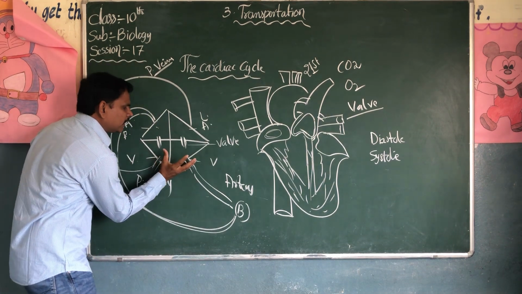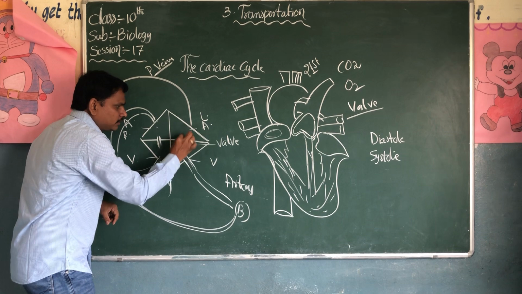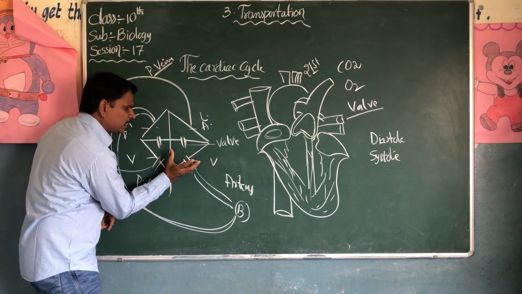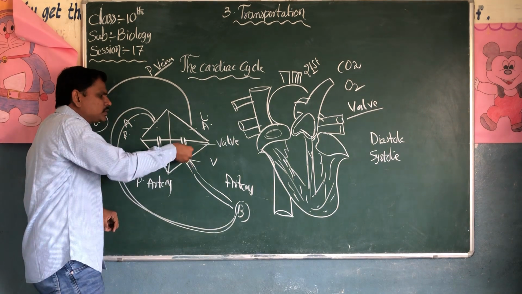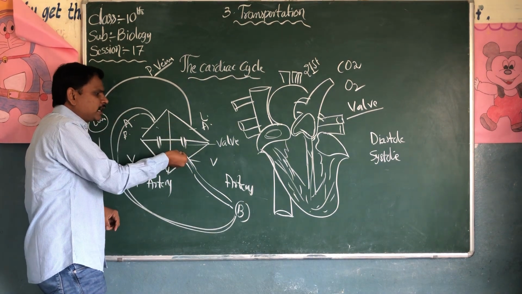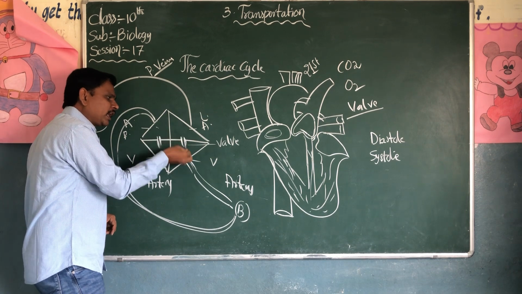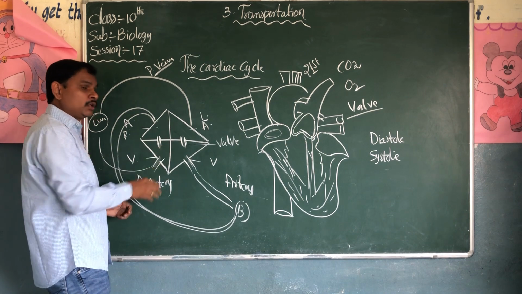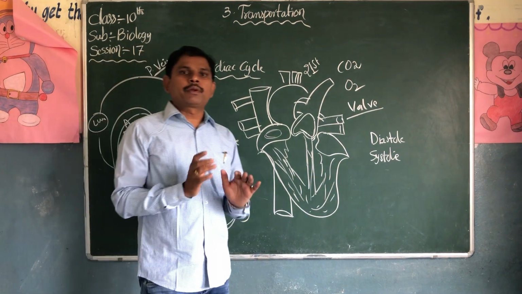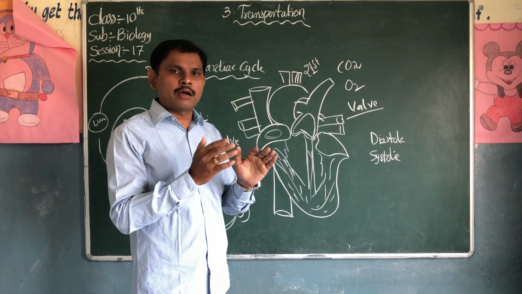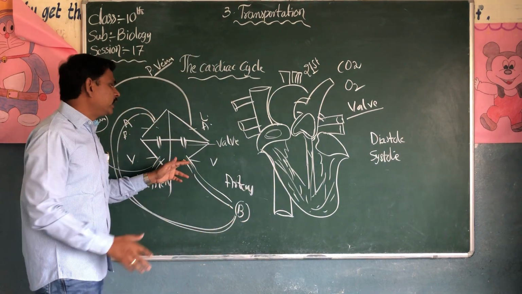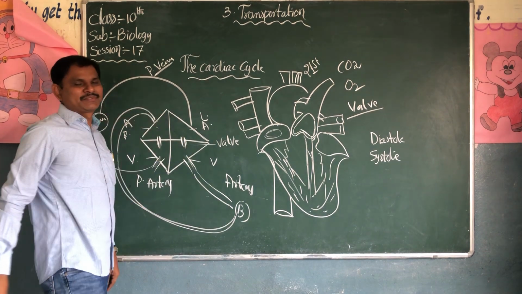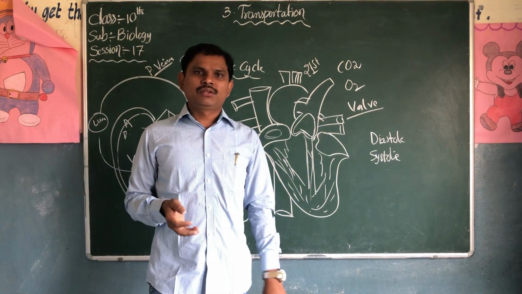When a ventricle starts contracting, there is a valve there, and there is a chance for blood to flow in reverse from the ventricle to the atria. That is why, to prevent reverse flow of blood from the ventricle into the atria, this valve is going to close. I think you understood. Don't confuse.